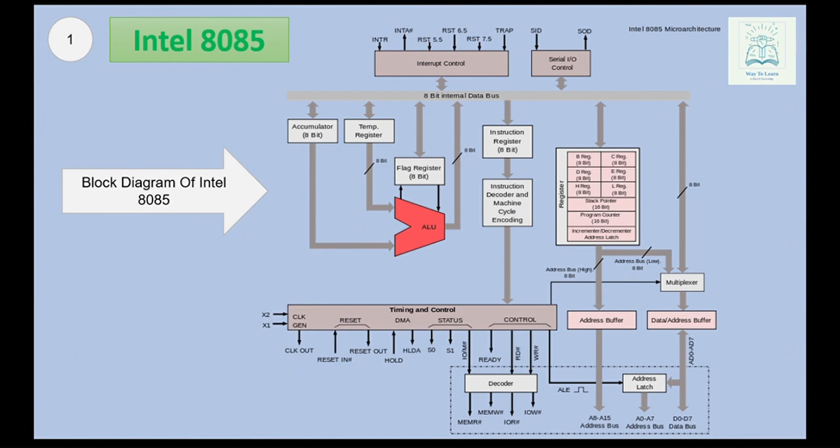I think when you hear the name 8085 microprocessor, a question arises in your mind: what is 8085 microprocessor? So the answer is, the 8085 microprocessor is an 8-bit NMOS microprocessor that can deal with the memory of 64K byte.